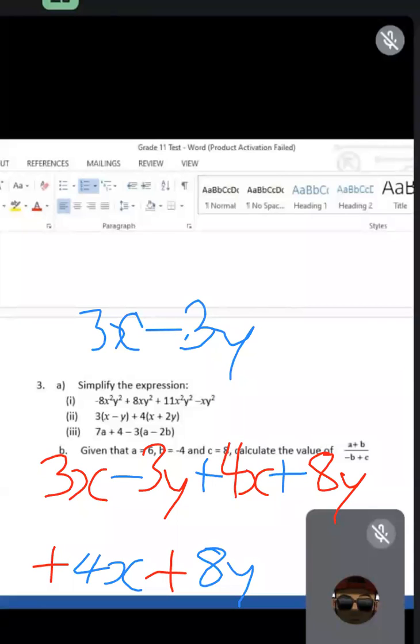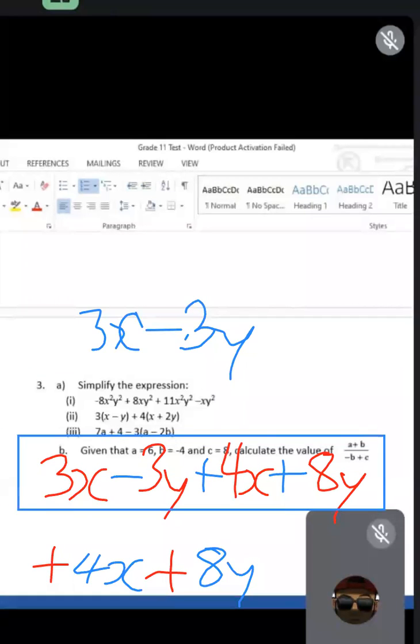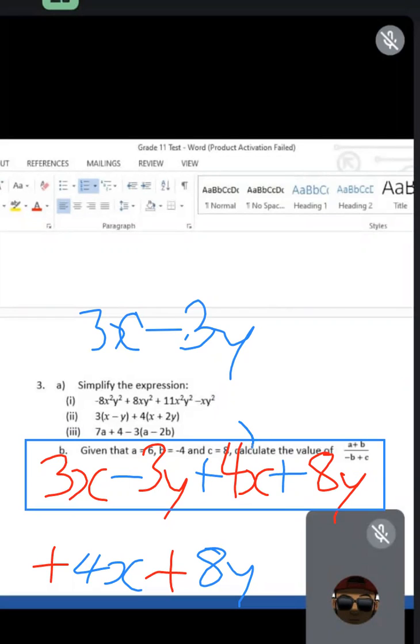So what do we have here? This is the result, right? So 3x minus 3y, and then beside it, plus 4x plus 8y, right? Now again, it is our job to do what? We need to group them together now. The x's go with x's. Y's go with y's.